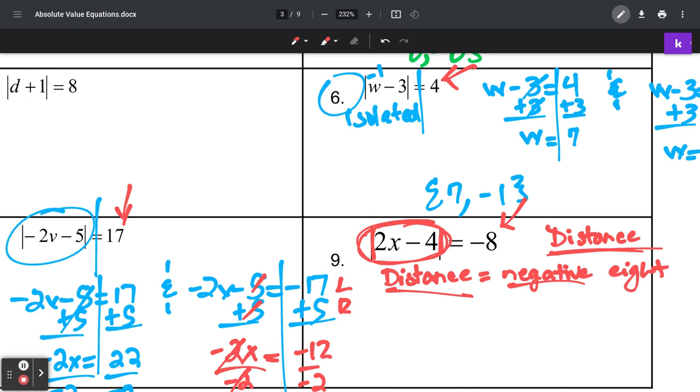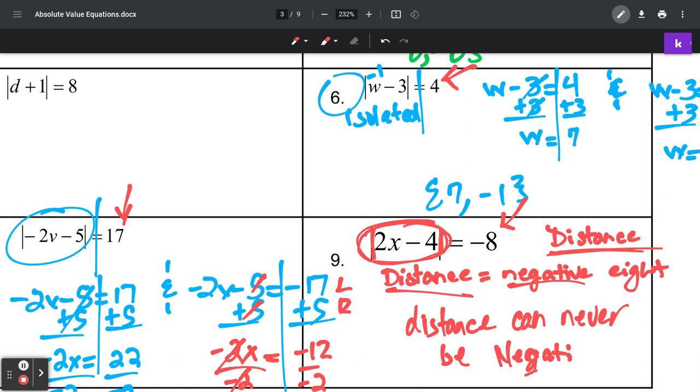I don't get in my car and say, well, let me drive my -20 miles back to the house. Okay? Because distance can never be negative. Ever, ever, ever. Distance can't be negative, guys.